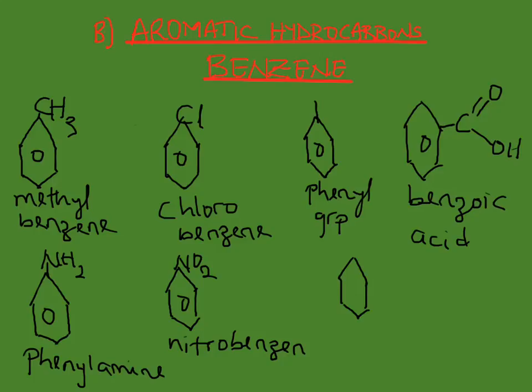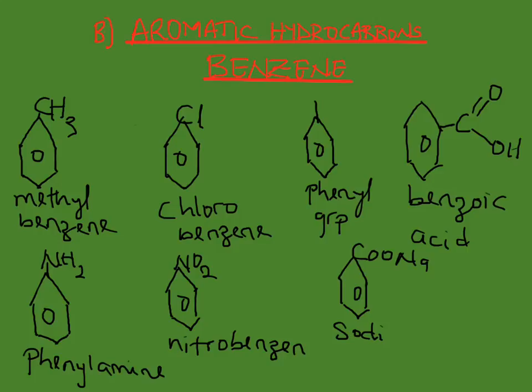Also, you see that the next compound there is chlorobenzene, where a chlorine atom is attached on the benzene ring. The next is the phenyl group, where you have a benzene group with a stroke attached to it, which means that stroke could be attached to any other compound. You have benzoic acid as the next compound.